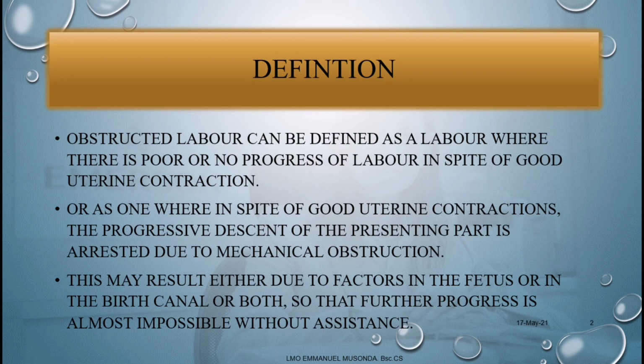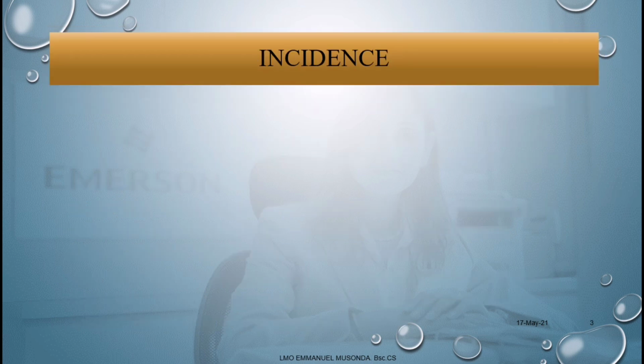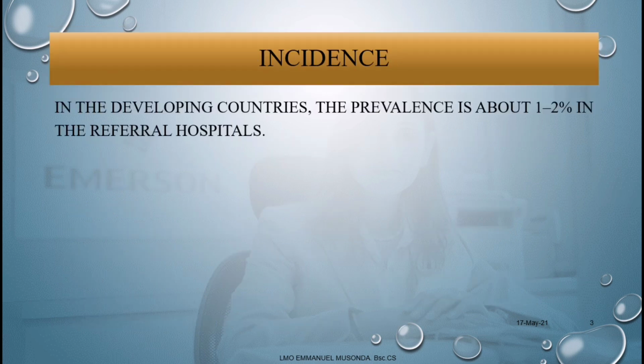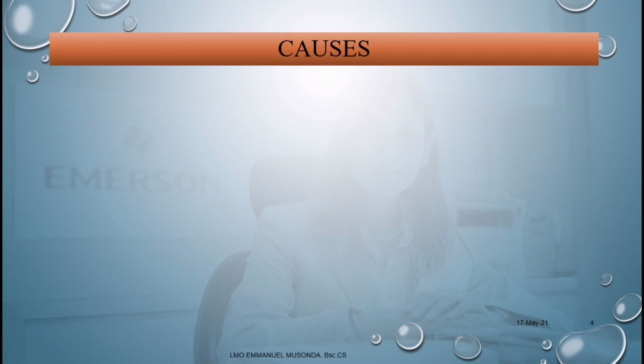This may result either from factors in the fetus or in the birth canal or in both, so that further progress is almost impossible without assistance. Then incidence: in the developing countries, the prevalence is about 1 to 2% in the referral hospitals.